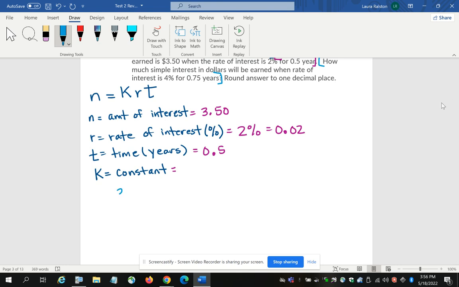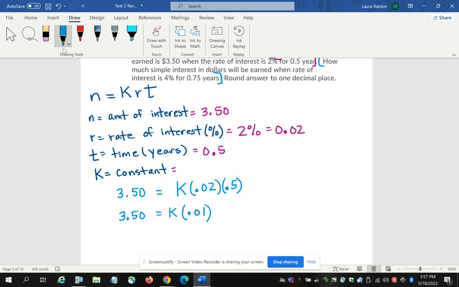So I would have $3.50 equals K times my 2% interest written as a decimal times my half year. Now you probably want to get a calculator. So we have $3.50 equals K times, and I'm going to multiply that together. 0.02 times 0.5 is 0.01.